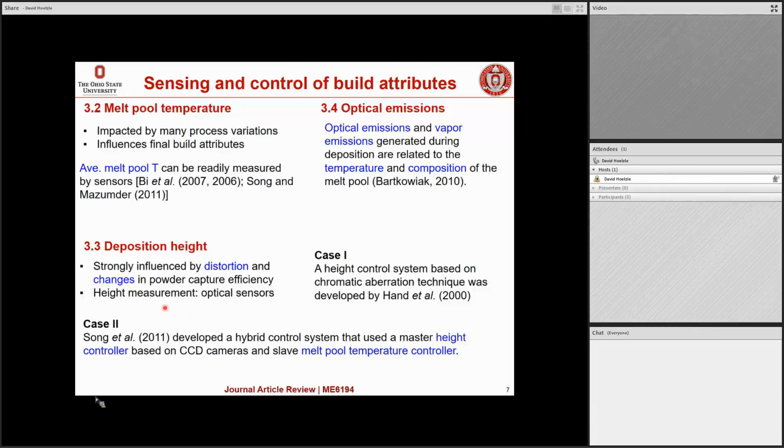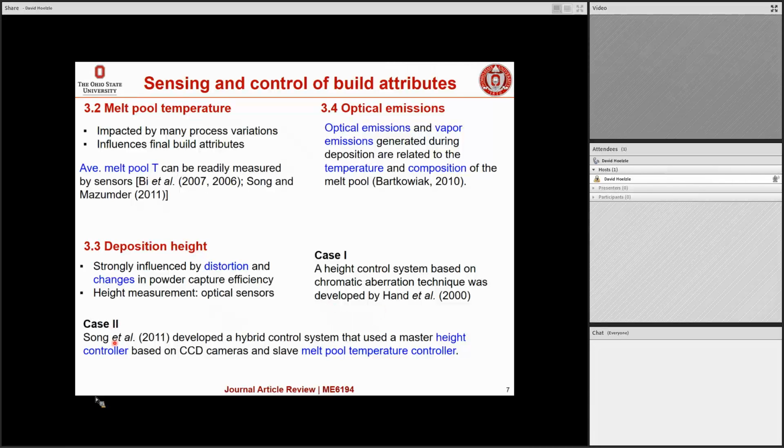For the build height we can use optical sensors, for example case 1 uses a height control system based on chromatic aberration techniques. With different heights, it will give different intensification of the spectrum within a certain working distance.